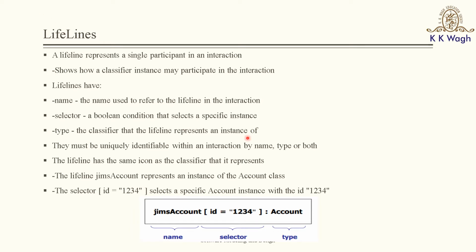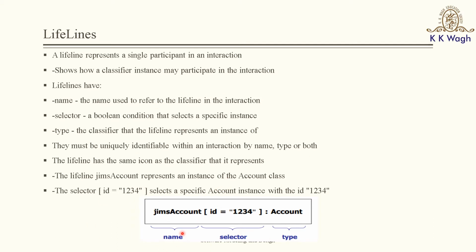Here name is used to refer to the lifeline within the interaction. Type means, as we have already discussed, the name of the classifier. Then selector means which ID you want to select in this particular case. There are many syntaxes of lifelines; this is one of them.